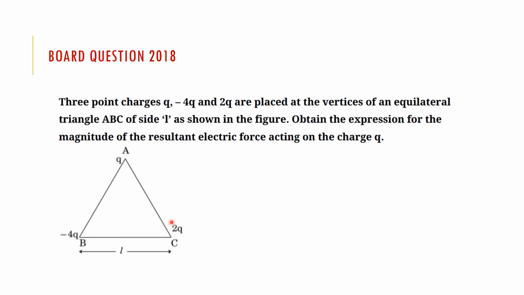So net force acting on Q will be due to this force and due to this force. What will be the direction? Between these two it is attractive in nature. Between these two it is repulsive in nature. So due to these two it will be towards this charge and between these two it is away from this charge. Like that you have to mark the direction and we will find out the resultant using vector addition.